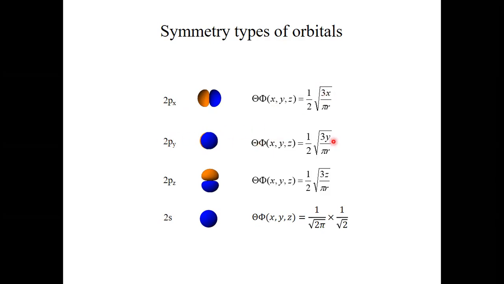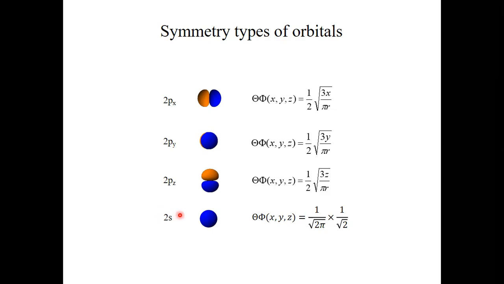Because the 2py orbital is a linear function of y, we know it needs to be of symmetry type B2. Because the pz orbital is a linear function of z, it needs to have symmetry type A1, and an s orbital in any point group always has the totally symmetric symmetry type, which is A1 in the point group C2v.